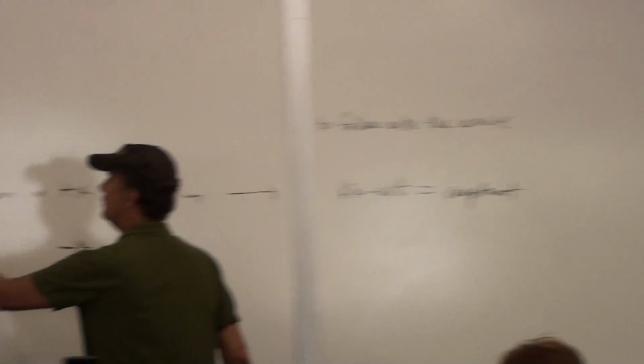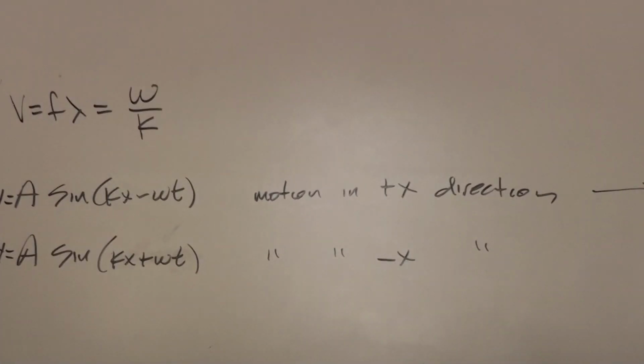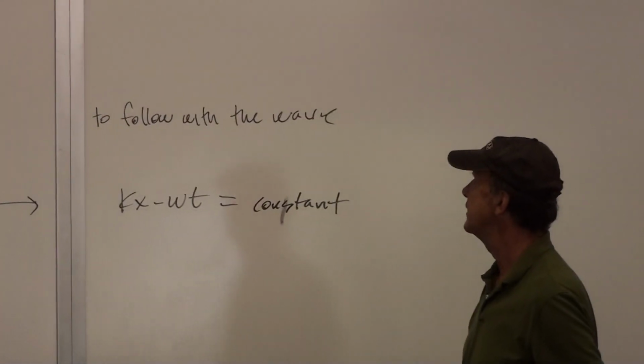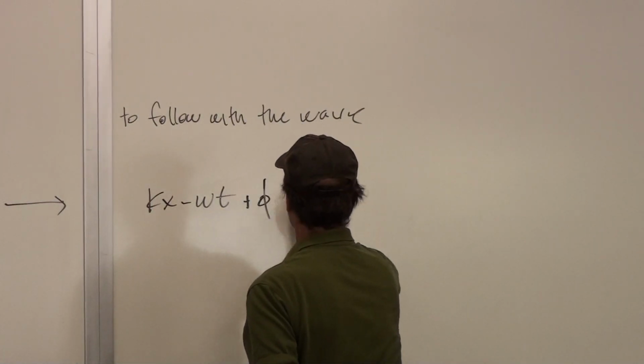And here I'm not using the phase angle in there, but we very quickly will be using the phase angle. But it doesn't matter whether you have the phase angle in there or not. We just include it for completeness.